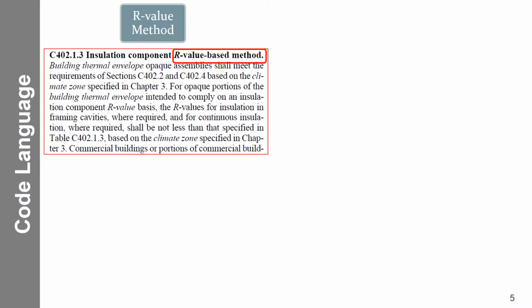Some code text here. If you go to section C402.1.3, it outlines the R-value based method. Basically, it focuses in on the building thermal envelope for opaque assemblies, and you need to meet the requirements of section 402.2, which is for the roof and the walls, and 402.4 applies to fenestration.